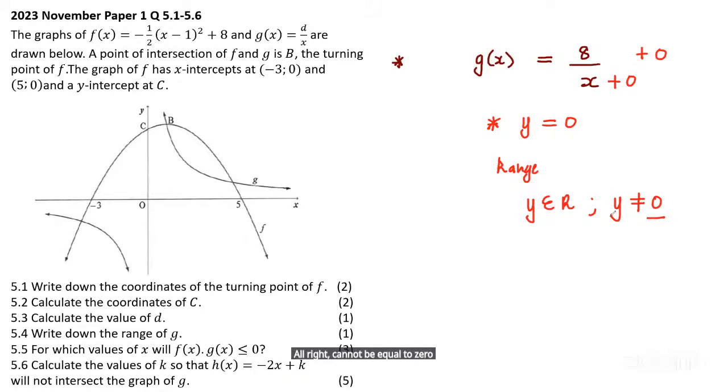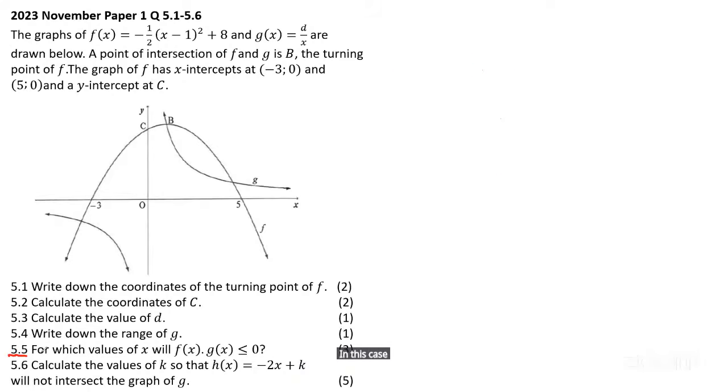All right, in this case, here's 5.5. Here we go. For which values of X will f of X times G of X be less than or equal to 0?